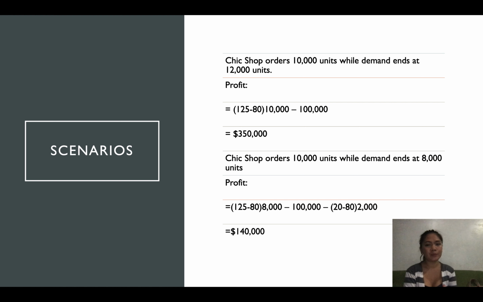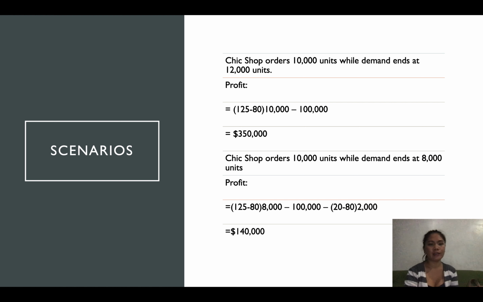For example, if the management stocks 10,000 units and 12,000 units are demanded, gross profit will be $125 less $80 variable cost times 10,000 units less $100,000 fixed cost, resulting in a gross profit of $350,000.